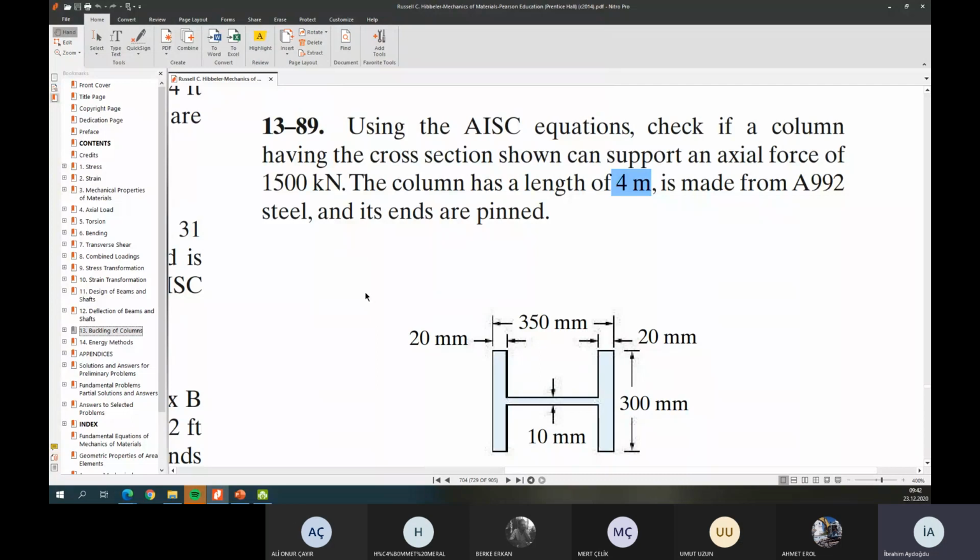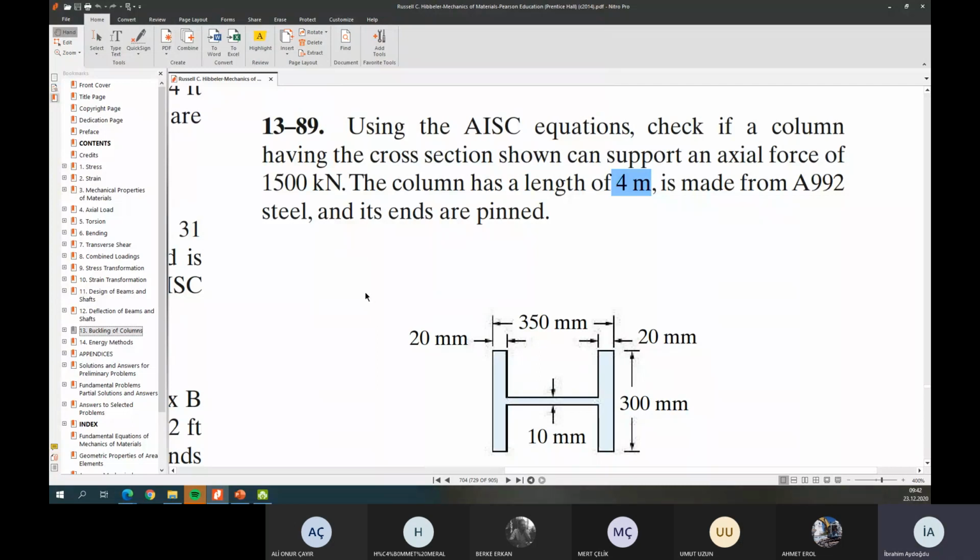Our structural shape is like this. This one is the x direction, this one is the y direction. We have Ix and Iy values.